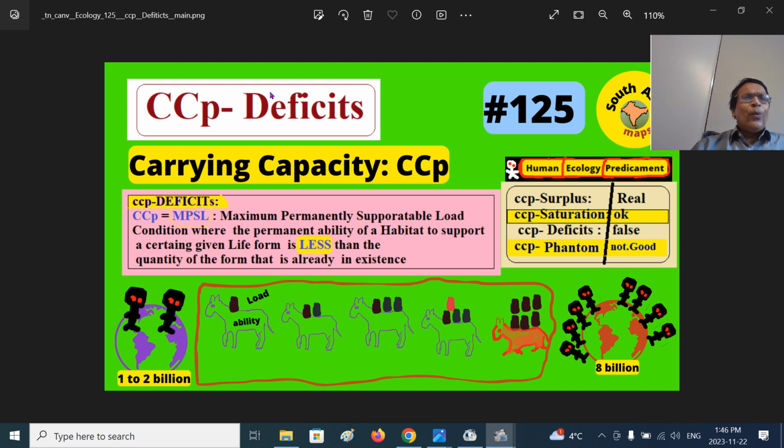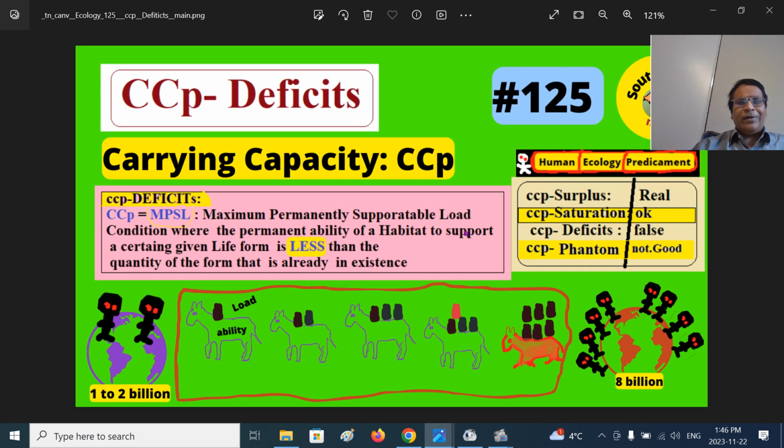What are carrying capacity deficits? Let's say this donkey has the ability to support this 1 grain bag permanently. It can walk forever. Even if you put 2 bags, it can still walk forever, it still has a permanent ability. Then you put the 3 bags, it is getting saturated, but it may possibly still support it.